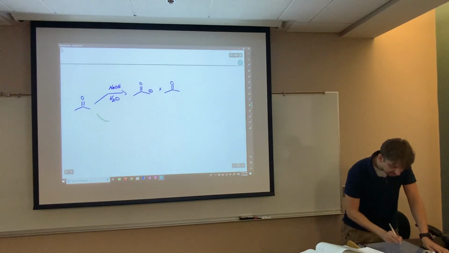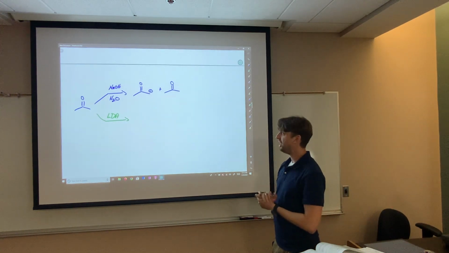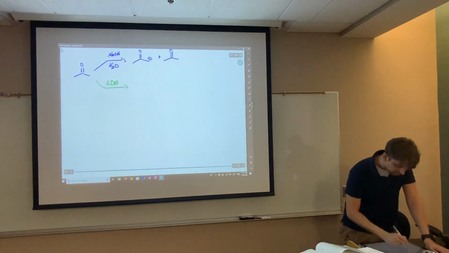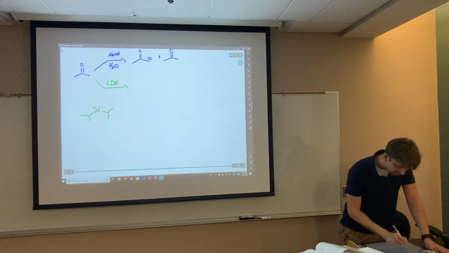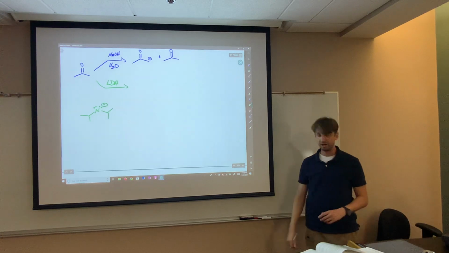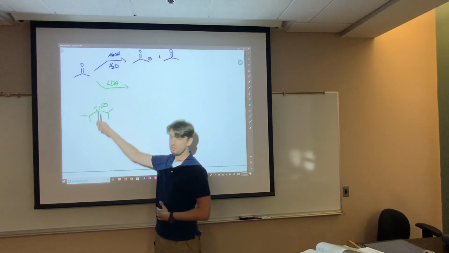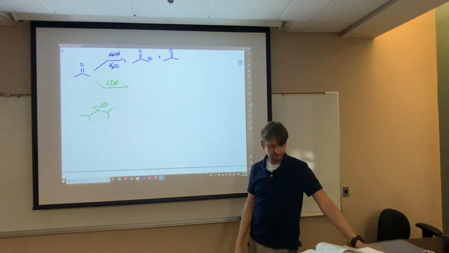If we change bases to our good old buddy LDA, what is LDA? LDA is lithium diisopropyl amide. We talked about this a little bit. There's our buddy, minus the lithium, but there's diisopropyl amide, an extremely powerful base.